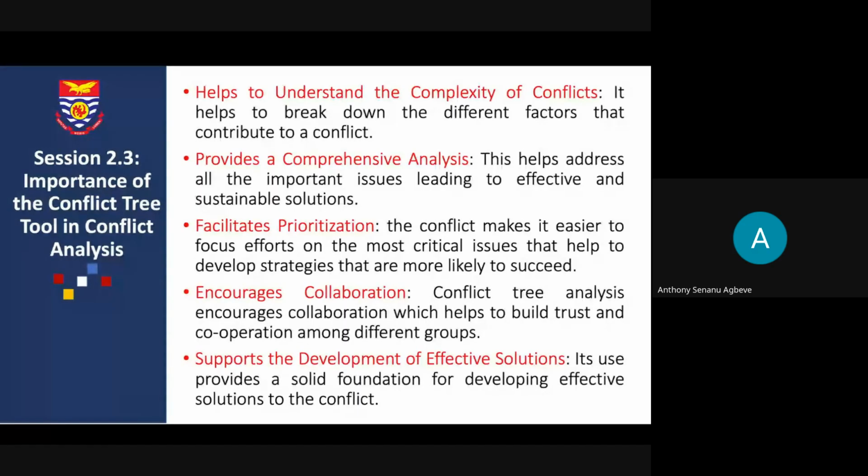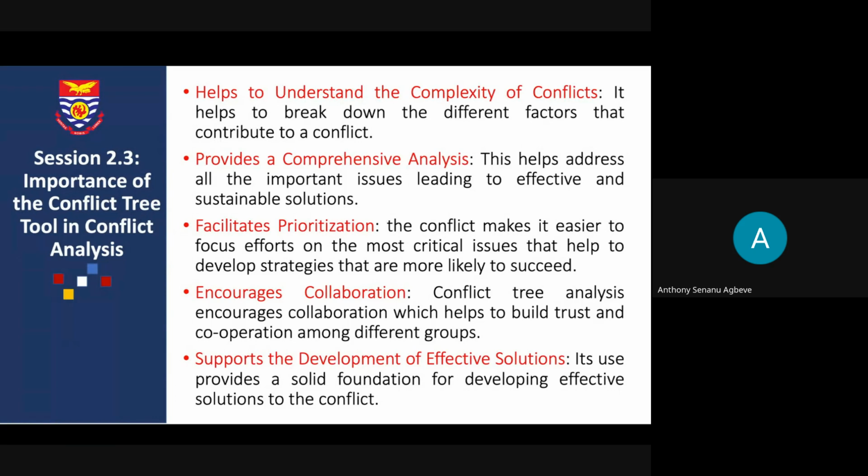Because once the major issues are dealt with, there's no conflict. Automatically or gradually, those other minor issues might go away or will be dealt with. So it helps in facilitating prioritization, so that we can focus on the most critical issues to deal with.